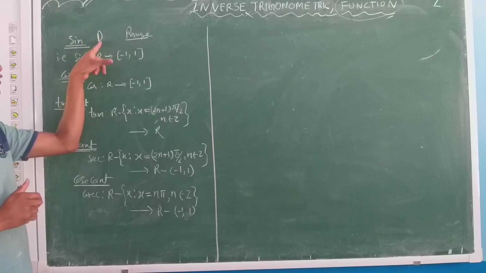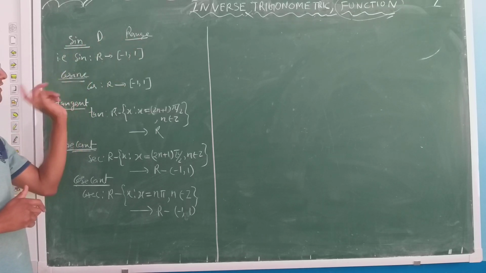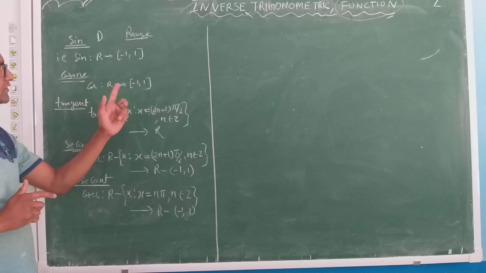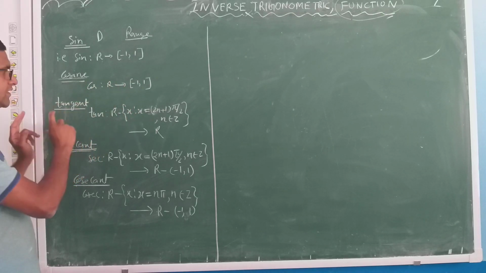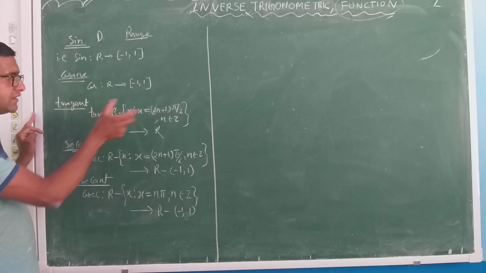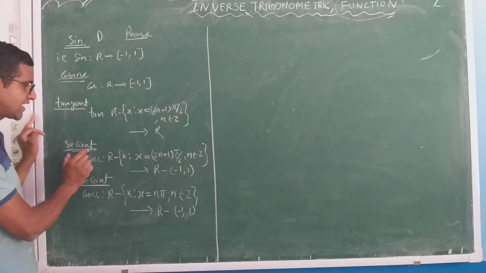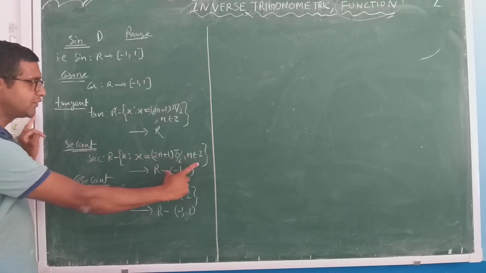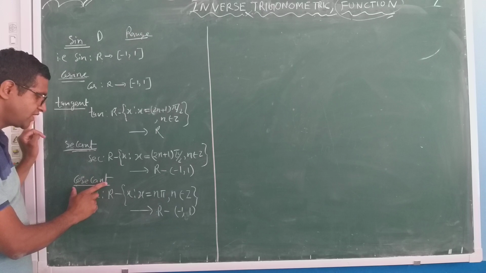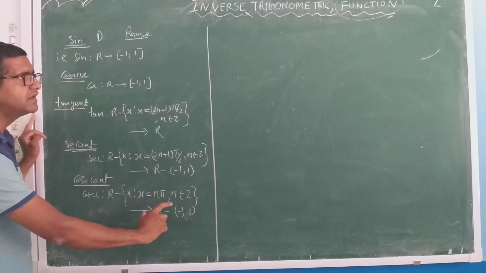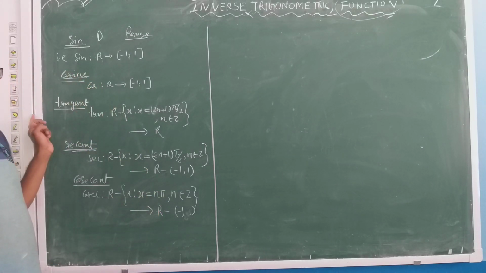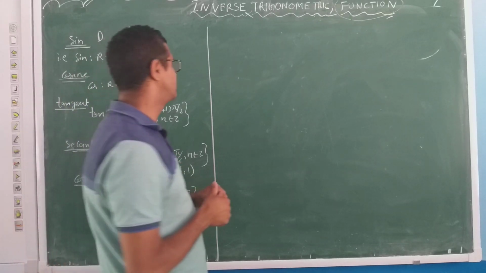Sine, its domain and range. Cosine, that is cos, its domain and range. Tangent, that is tan, its domain and range. Secant, that is sec, its domain and range. Cosecant, that is cosec, its domain and range. Let us understand these functions.